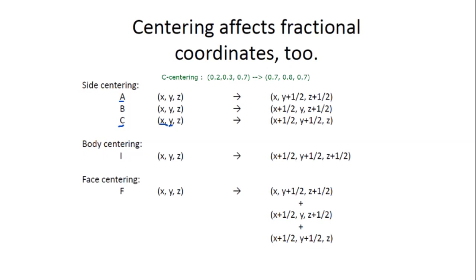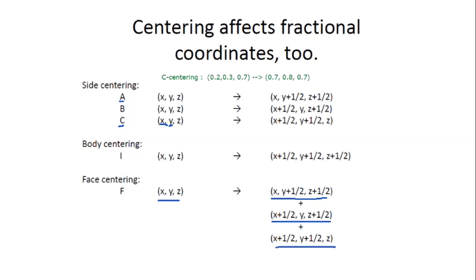So you add a half to X and Y, you add a half to Y and Z, and then you add a half to X and Z. And so for face centering, you can see here that you have 4 lattice points. So this is 1, 2, 3, 4.